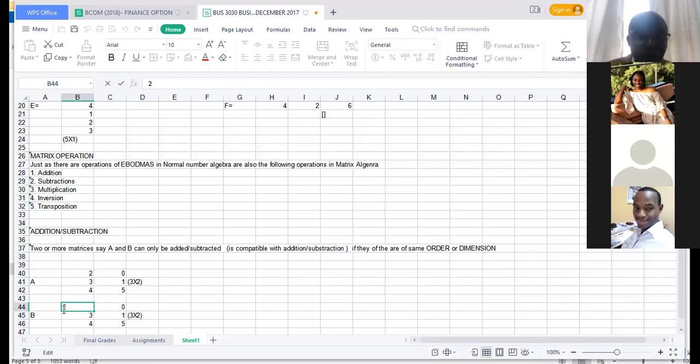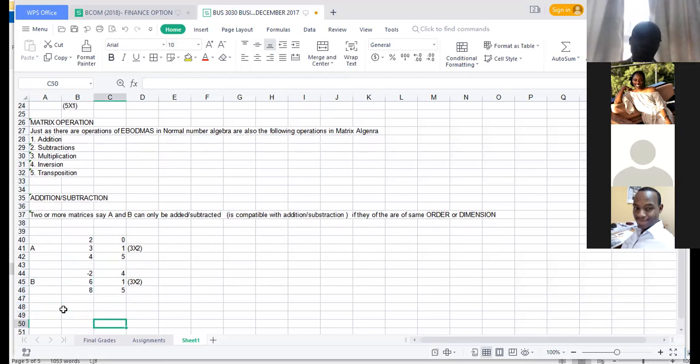I can even make this one negative, this could be 6, this could be 8, this one 4. It is 3 by 2. That is A and B, and that is when you can add them, when they are of the same order, or subtract them.